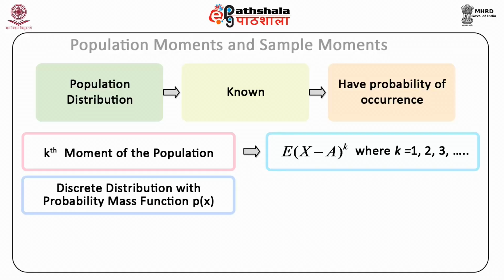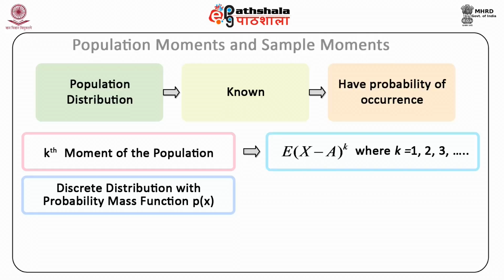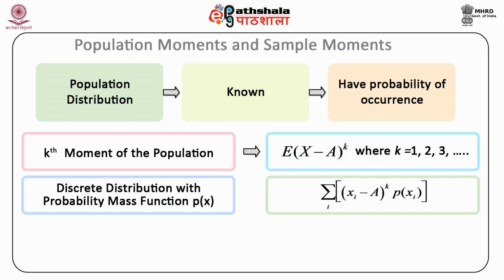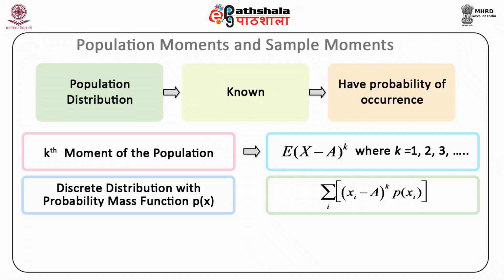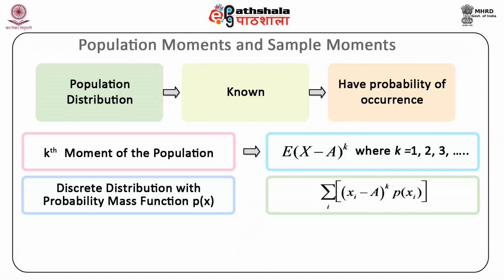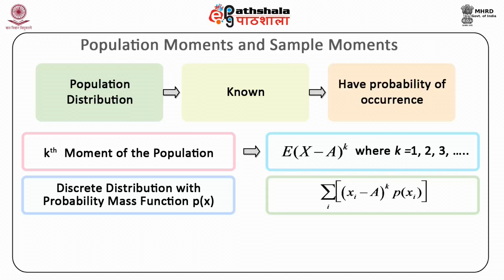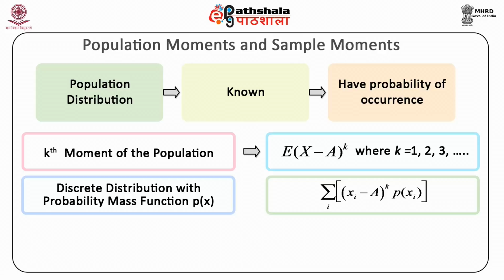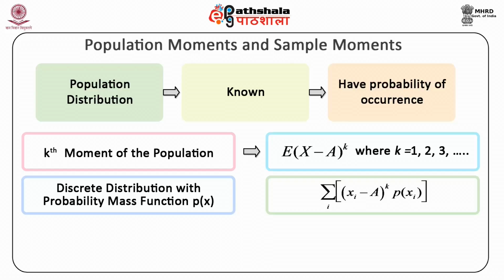If it is a discrete distribution with the probability mass function P(x), then the kth moment is summation of (xi minus A) raised to the power k into P(xi), where summation is over i, and P(xi) is the probability that the random variable X has the value xi. Let me clarify, the variable is capital X and a particular value is small xi.